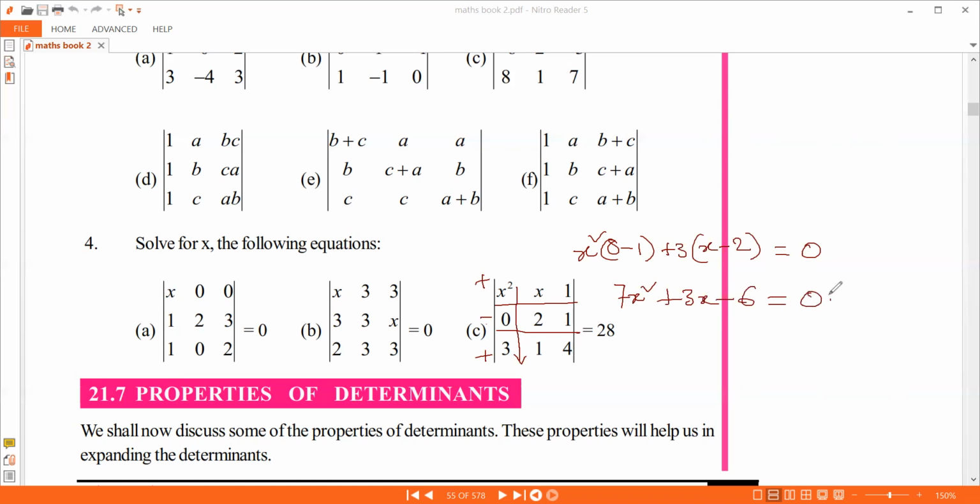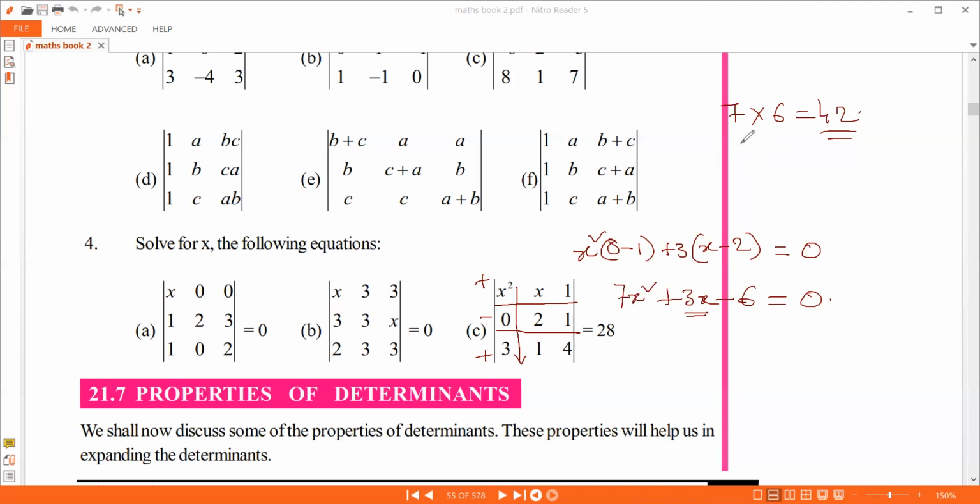This is the quadratic we have to solve. It becomes so easy. Now, you know 7 6 are 42. 7 into 6 is 42. You have to get 42, and the difference of the numbers should be 3. What is this equation?